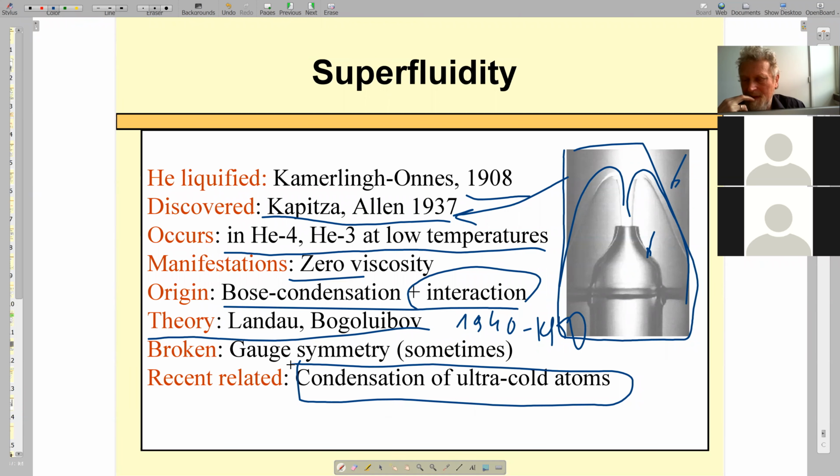There are many people doing that. But with atoms, you make a condensate of maybe 10^5 atoms, while here there are like 10^23 atoms in the condensate, and you get it basically for free. Fine, that was general information about superfluidity.